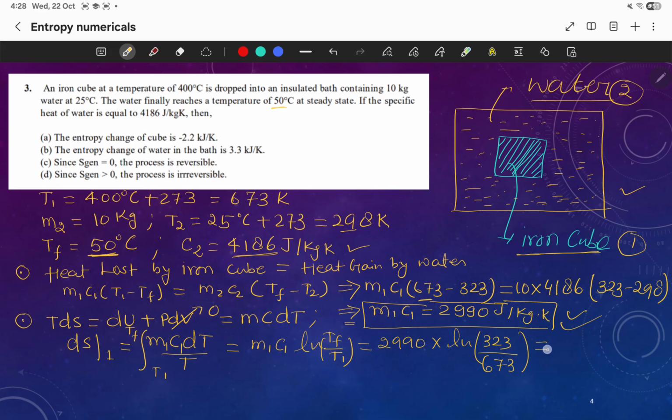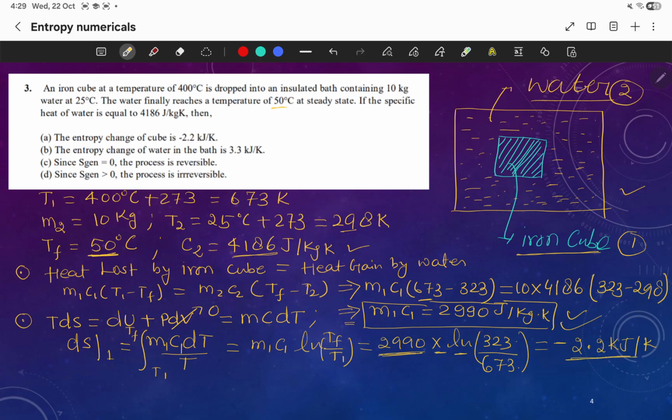Do this calculation in your calculator and you will get minus 2.2 kilojoule per Kelvin.